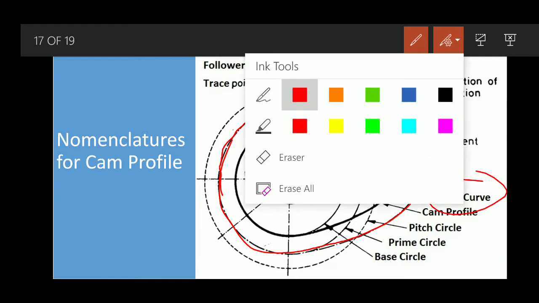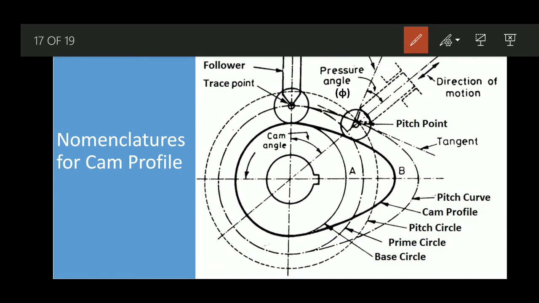Next we have the prime circle. So we can discuss this prime circle. What is this? It is the smallest circle drawn tangent to the pitch curve, and the center of this circle is, once again, the center of the cam itself.